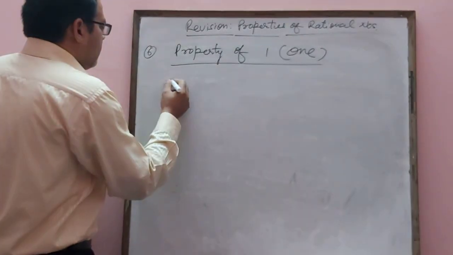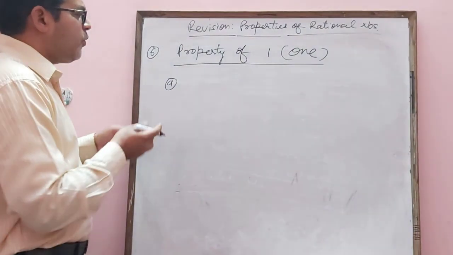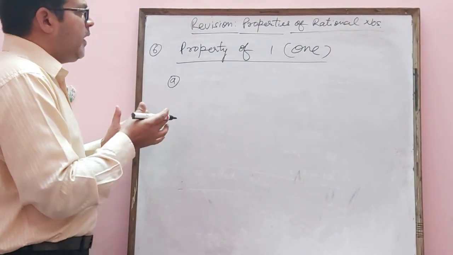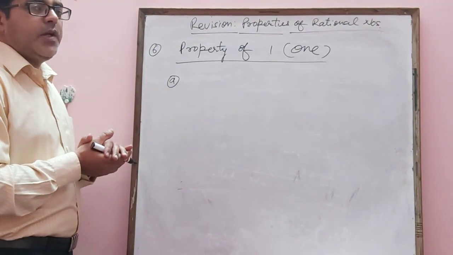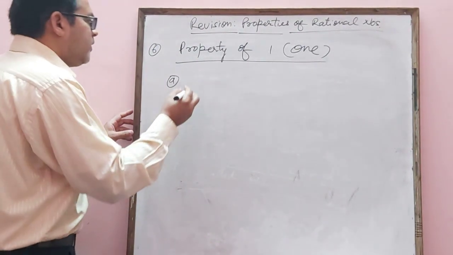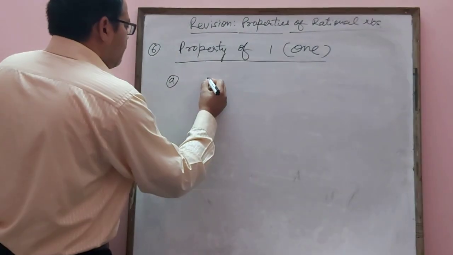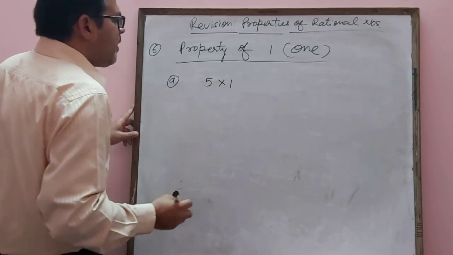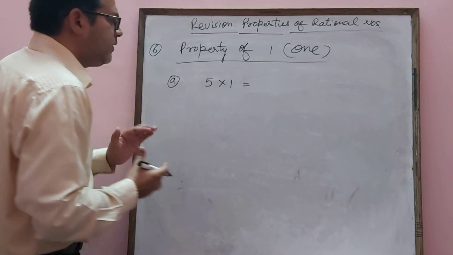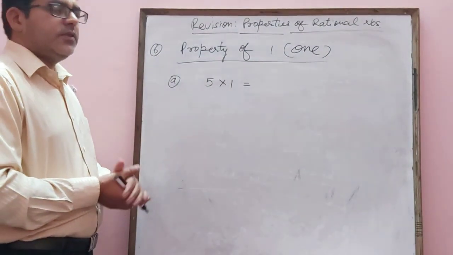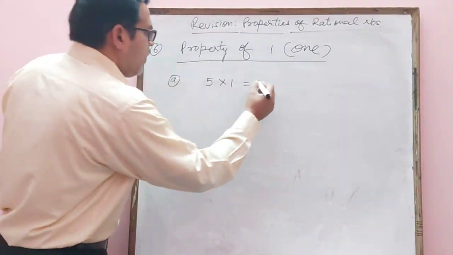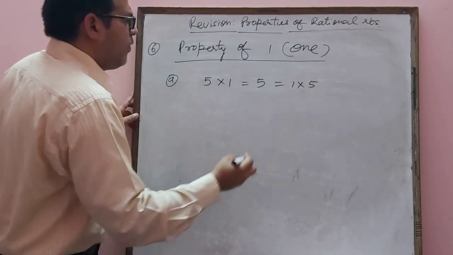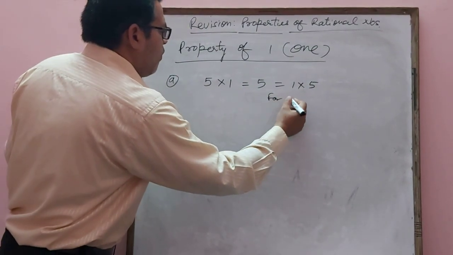Again I have to take 3 different cases to explain what is the property of 1, right? So suppose we are multiplying 5 and 1. What do we have here? We have 5. You can also write it as 1 into 5. I am showing this for whole numbers.